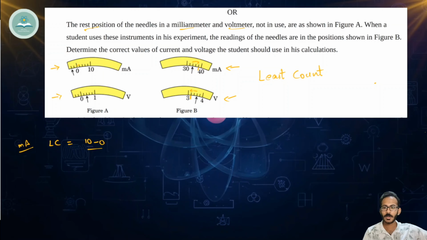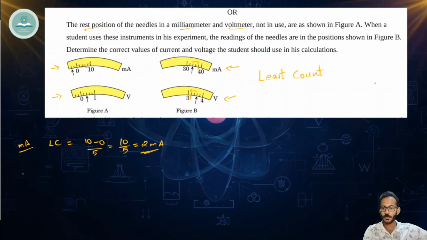Let's count 1, 2, 3, 4, 5. There are 5 divisions. So 10 minus 0 by 5, that is equal to 10 by 5, that is equal to 2 milliampere. This is the least count. So this is the lowest value that we can measure with this one. So each small line stands for 2 milliampere.